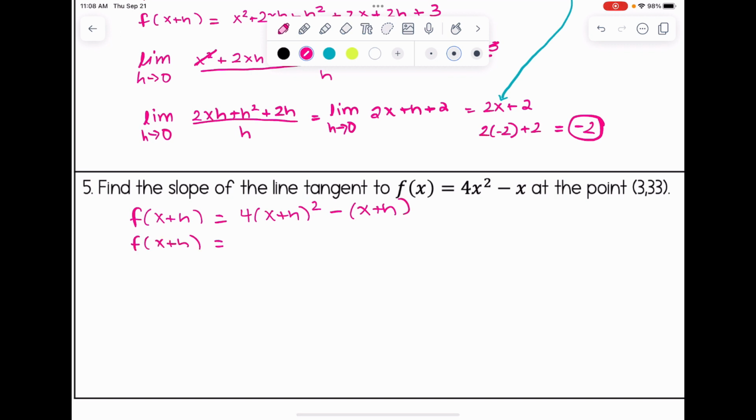And if you prefer to do this all in one step and write it in the limit definition, that's fine. Okay, we're going to distribute that negative across the rest. And now I'm going to distribute this 4 across this first polynomial here.